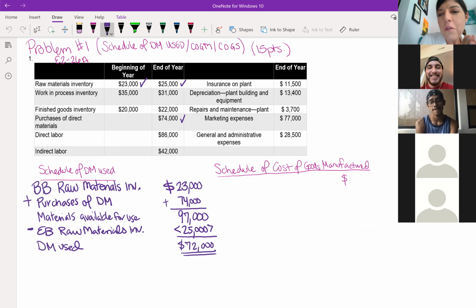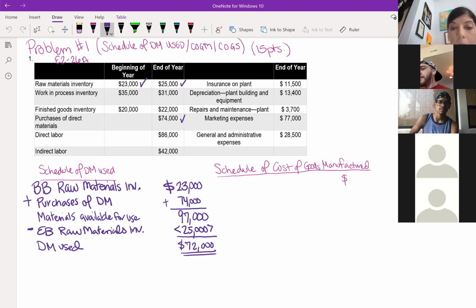So the schedule of cost of goods manufactured is basically to figure out how much in goods were completed during the period. So we're working through our work in process inventory account. Again, we're gonna start with the beginning balance of WIP this time.